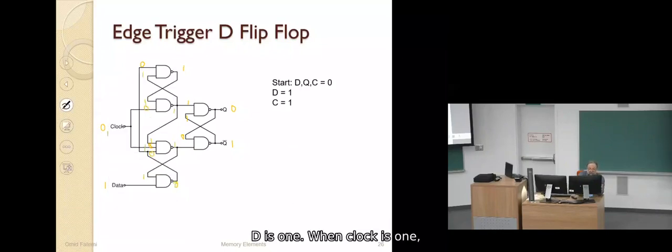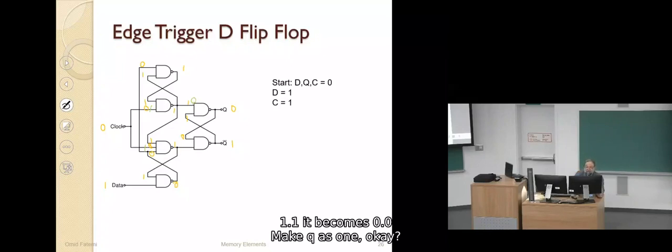D is 1. So when clock is 1, we have 1 here, and still we have 1 there, and this is 1, this is 1, this is 0. So 0 is here, 1 is there. So everything is good up to now. This is 1, so now we have 1 here. We have 1 here. 1 and 1, it becomes 0.